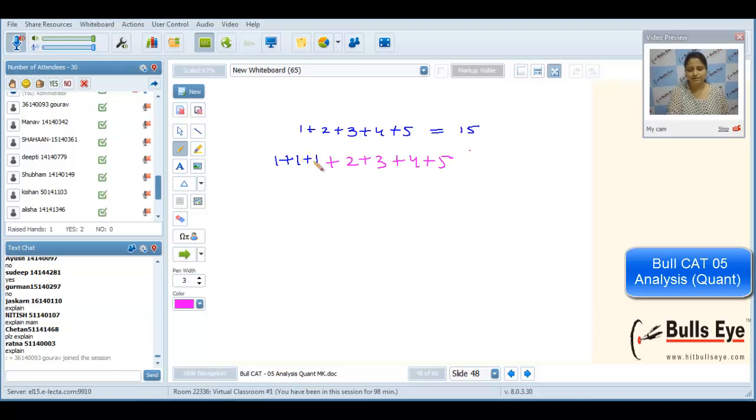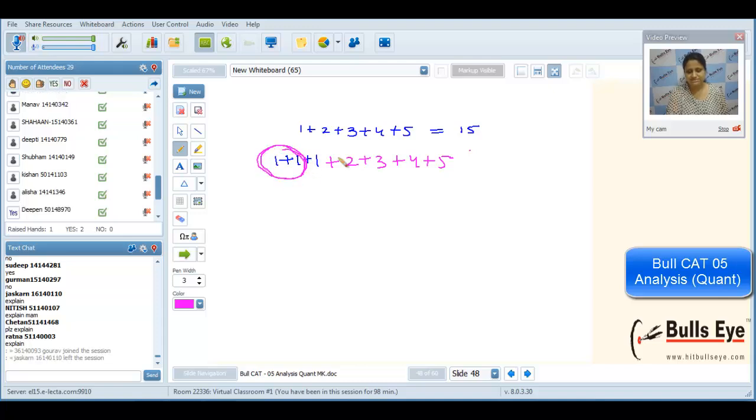If you are writing a number thrice, suppose I am taking 1, to neutralize this we have to drop 2. 1 plus 1, it has to be neutralized, so we have to drop 2.